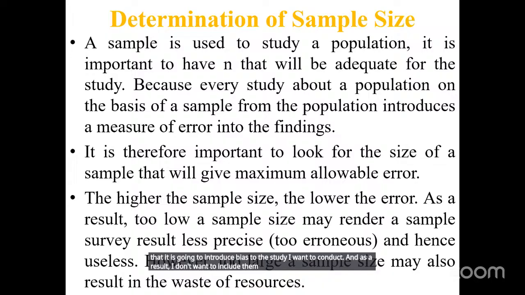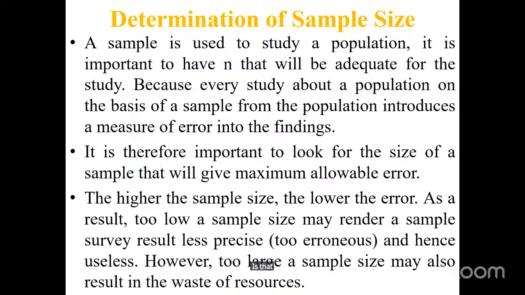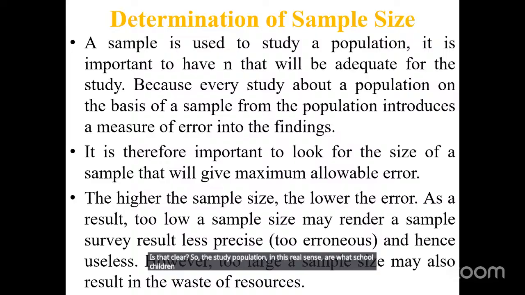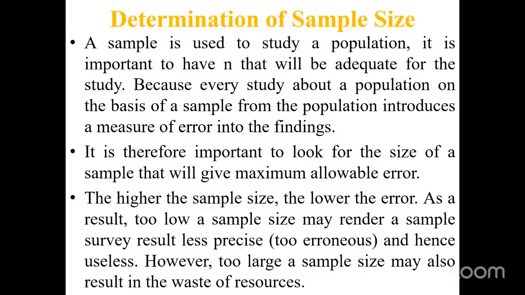That has been removed ab initio, before the sampling begins. Is that clear? So the study population in this real sense are what? School children who are not repeating. You understand? That is how they define the study population. I don't know, is that in line with the question that you asked?